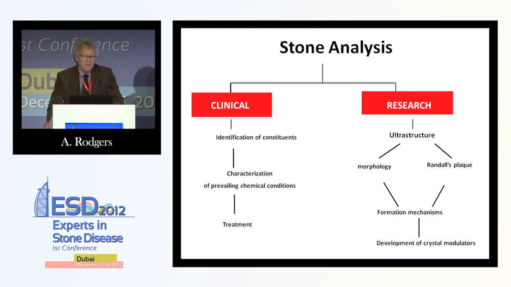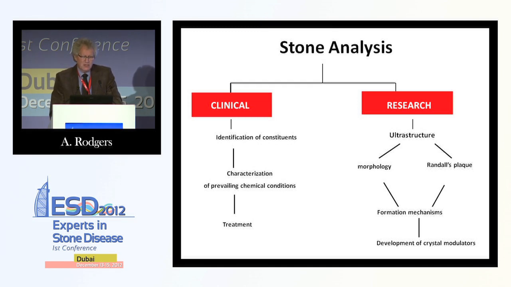From the point of view of this aspect, there's the clinical arm of our stone analysis investigation, which of course requires us to identify the constituents of the stone, characterize the prevailing chemical conditions that must have existed when that stone was initiated and when it grew, and then based on that, to prescribe some kind of treatment.